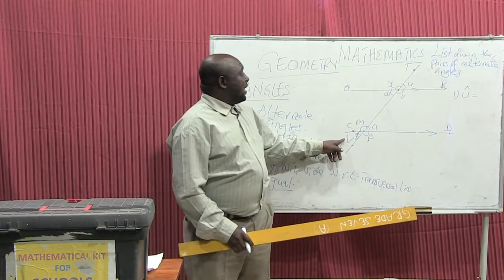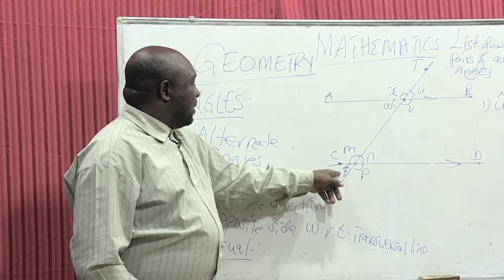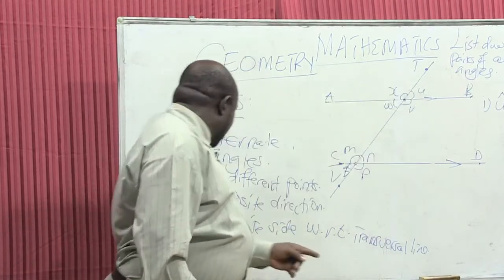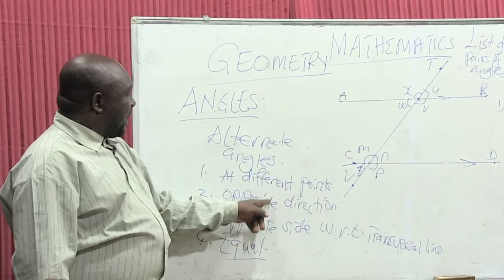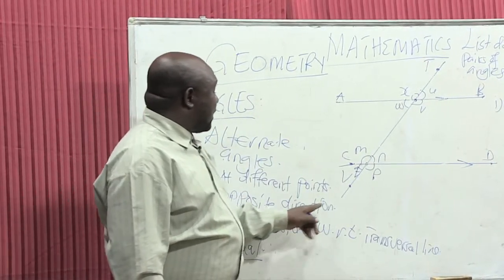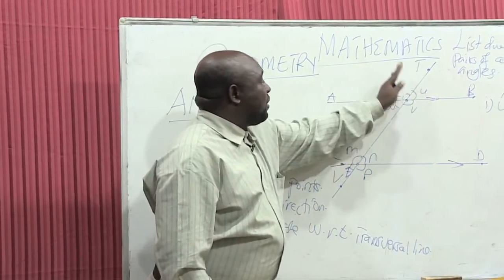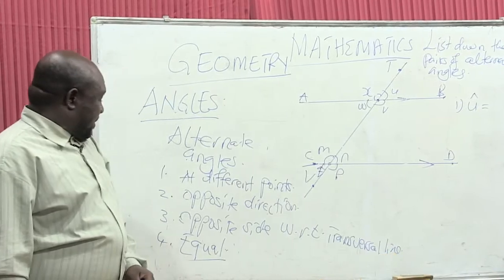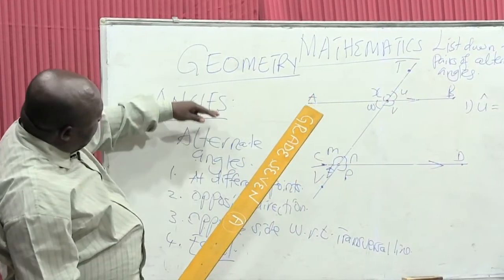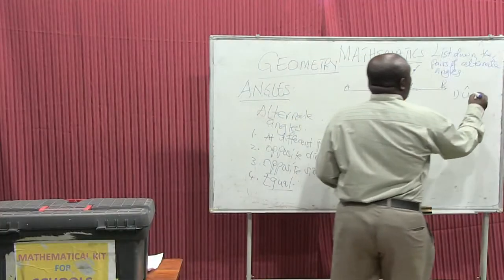Is it V? Yes, because V and U are in opposite directions, at different points, on opposite sides. V is on that side, U is on that side, and they are equal. So angle U, according to these features of alternate angles, is alternating to angle V.